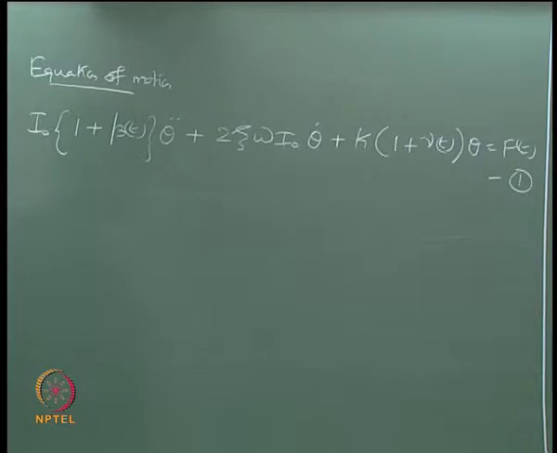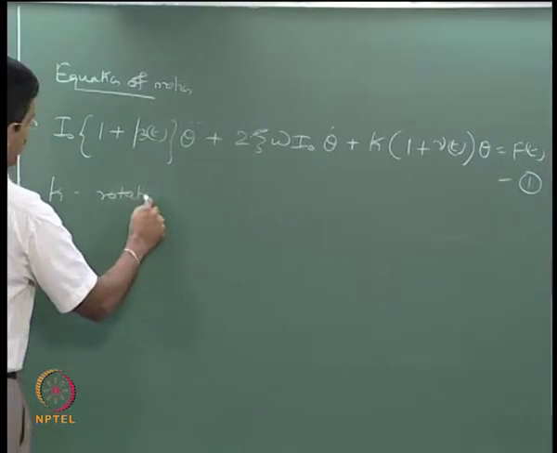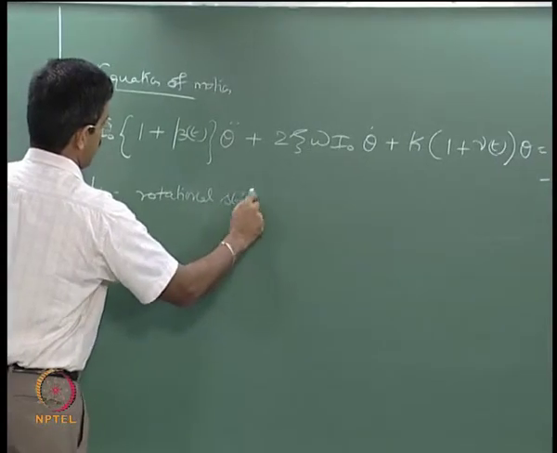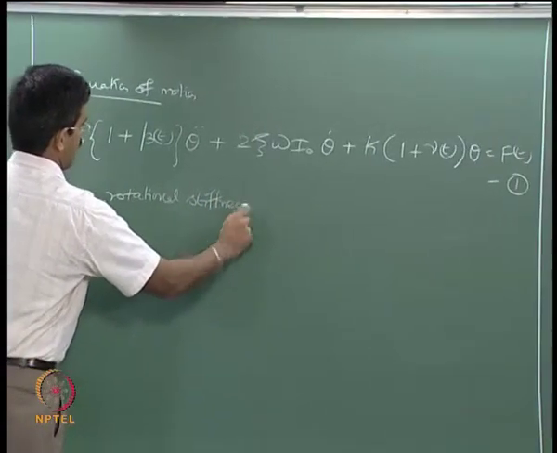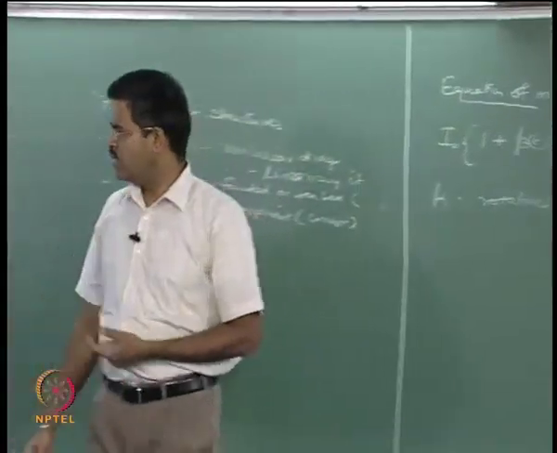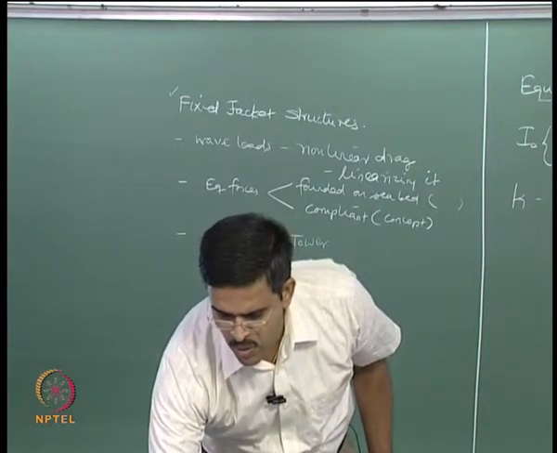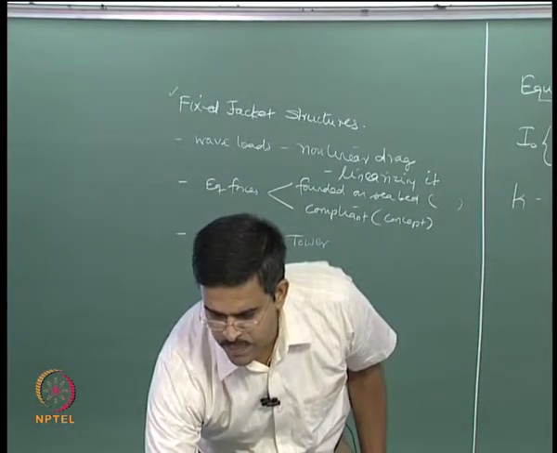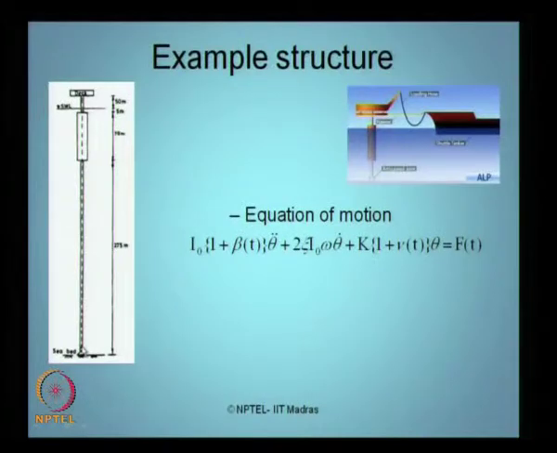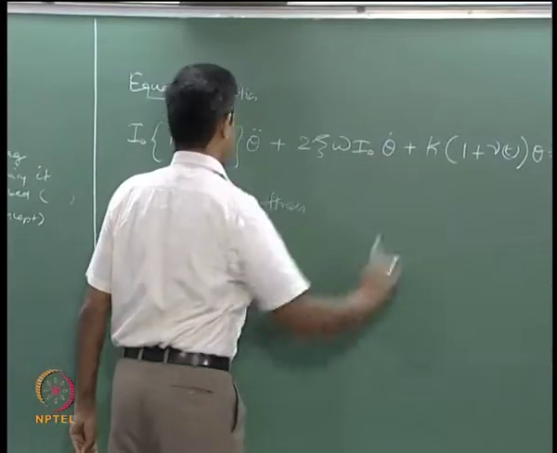Now, in this equation K is the rotational stiffness. The degree of freedom for this problem is theta, that is the base rotation at the hinge here. The degree of freedom is the rotation of this hinge, theta. That is why the equation of motion is written in theta double dot, theta dot and theta.